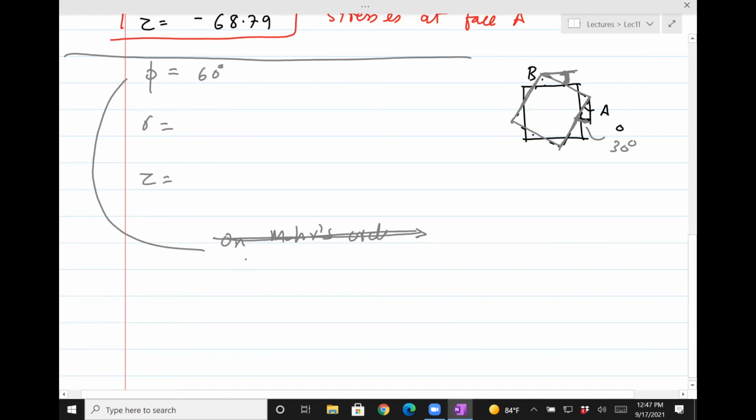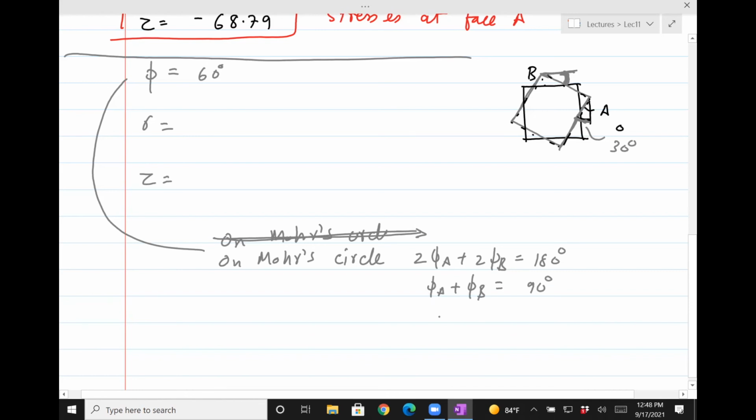So on Mohr circle, you can say 2 phi of A plus 2 phi of B is 180 degrees. And so phi of A plus phi of B is 90 degrees.